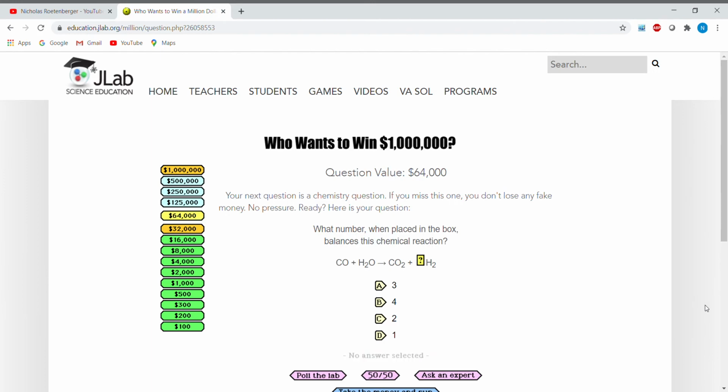What number, when placed in a box, balances this chemical reaction? CO plus H2O equals CO2 plus H2. 3, 4, 2, or 1? Well, C is carbon, so there's 1 carbon in each.